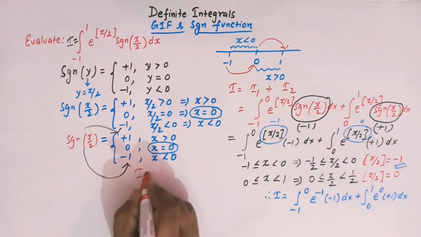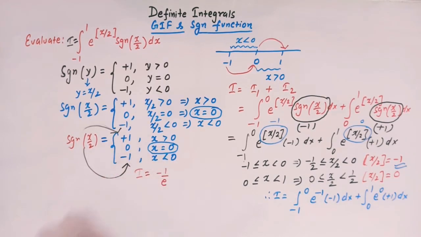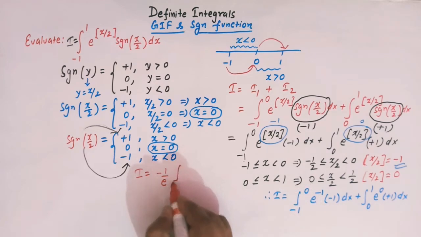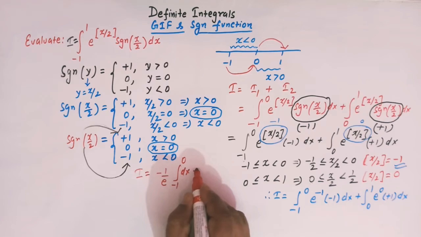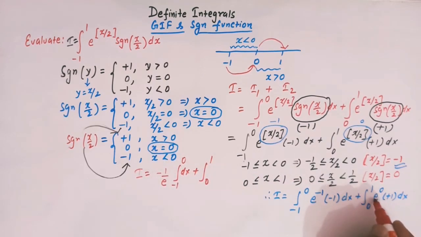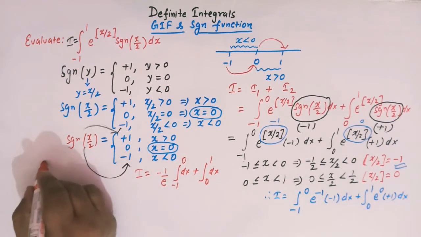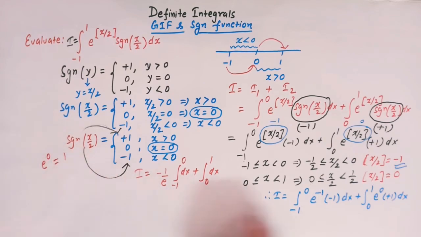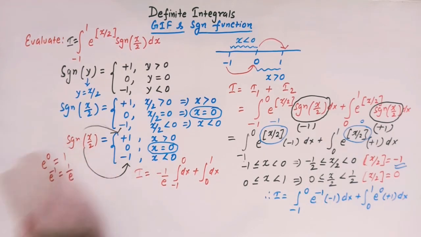So we have I is equal to minus 1 over e, and we have minus 1 to 0 dx, and then we have 0 to 1, and we have here dx, right? Because e raised to 0 is equal to 1, and e raised to minus 1 is equal to 1 over e, and e is the famous exponential number, right?